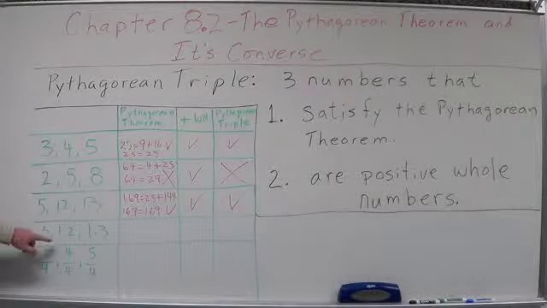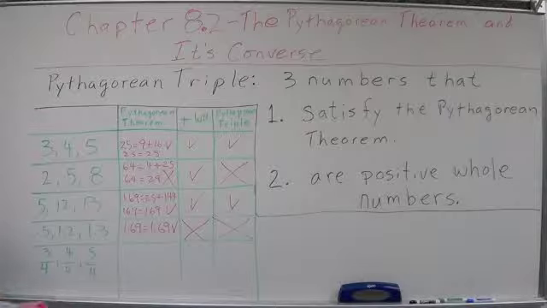Here's another one, 3, 4, 5. We know that 3, 4, 5 satisfies that. So if we simply divide all those by 4, what are we going to get? Well, 9 sixteenths plus 16 sixteenths. Does that equal 25 sixteenths? Well, 9 plus 16 is 25.